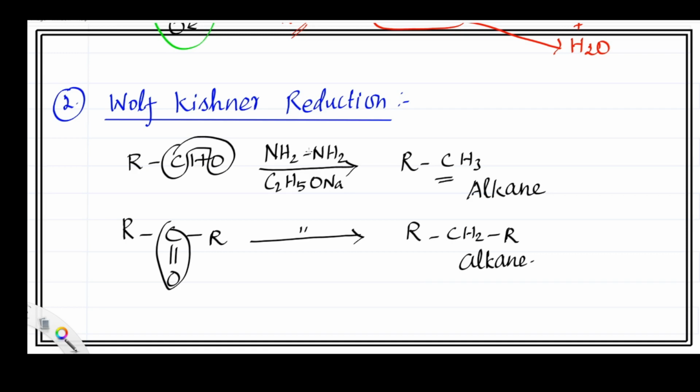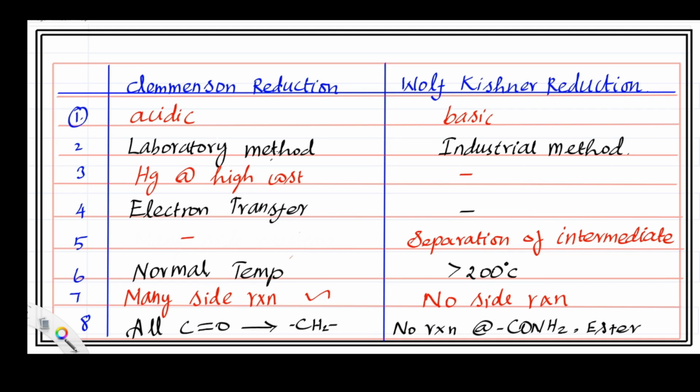Now, the comparison between Clemmensen and Wolff-Kishner reduction. Now we see the difference between Clemmensen reduction and Wolff-Kishner reduction. In Clemmensen reduction, we have used concentrated HCl and zinc amalgam. The activity of metallic zinc is considerably low in comparison with zinc amalgam.